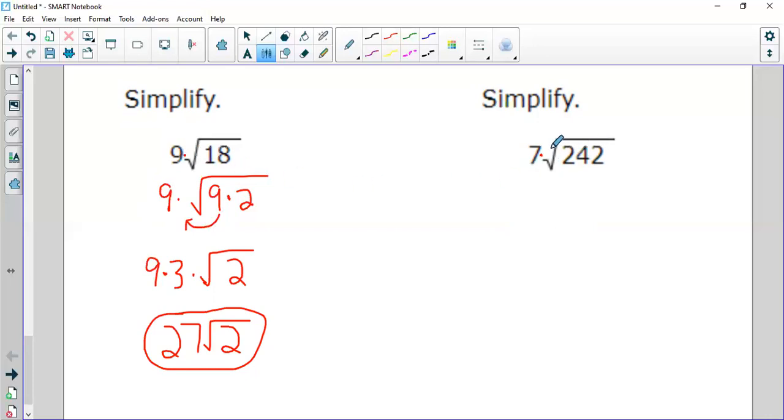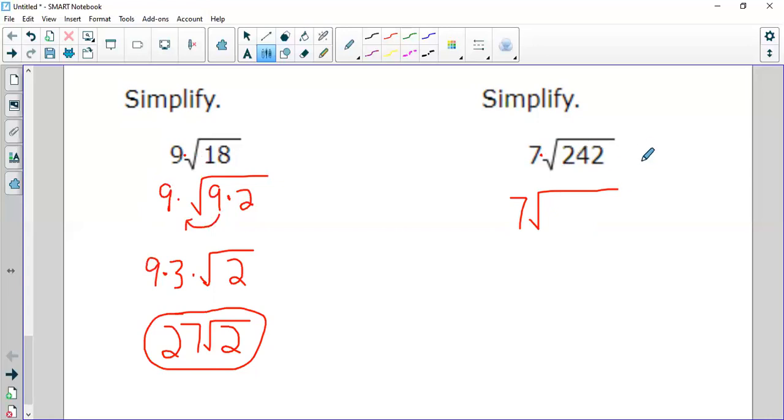All right, last one. 7 times the square root of 242. Well, you may not know many factors of 242, especially not ones that are perfect squares, but this is another case where maybe dividing by a number that is not a perfect square will help you.